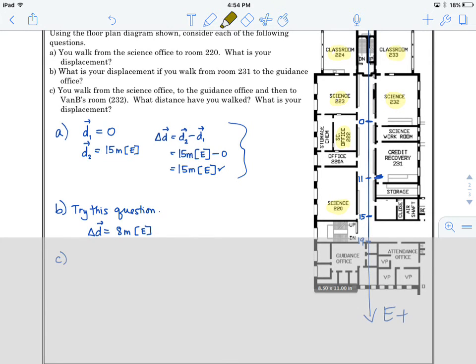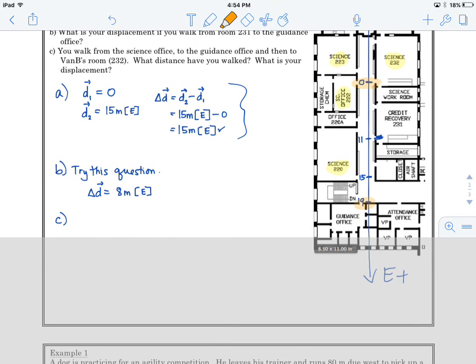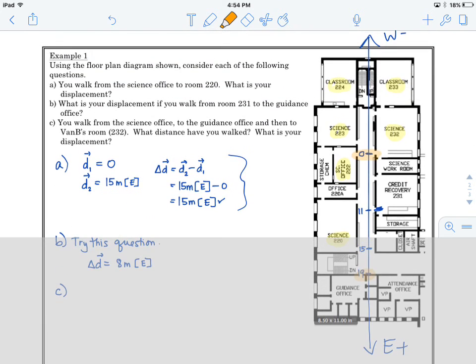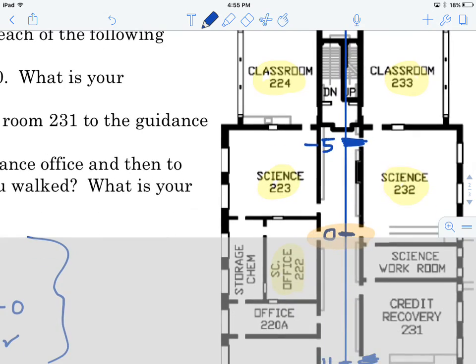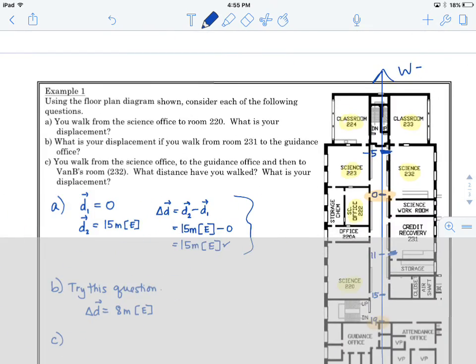I'm going to put little orange highlighters on here. So you go from here to the guidance office and then all the way back to Van B's room, which is kind of -5, right? Because it's to the west 5, so we stick that minus in there, it's -5.